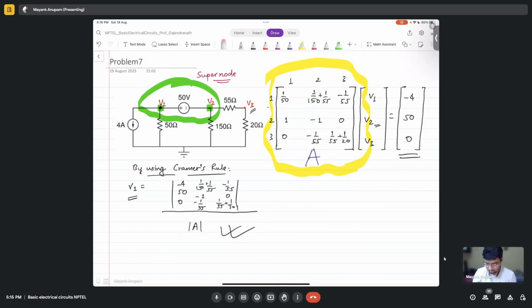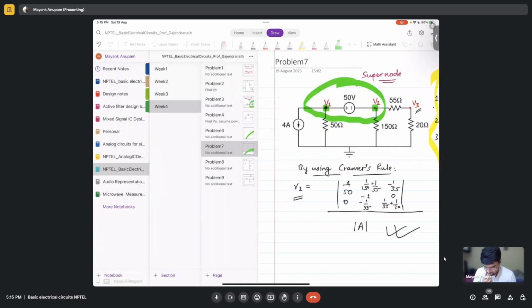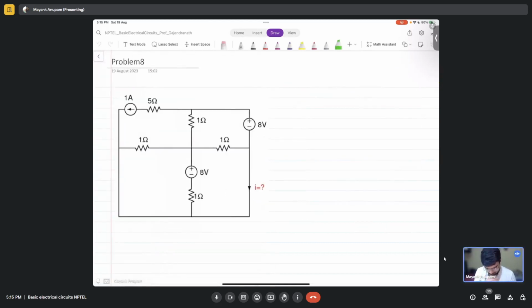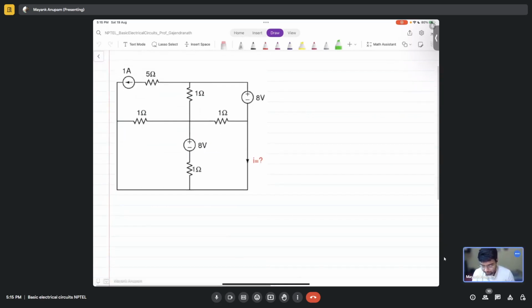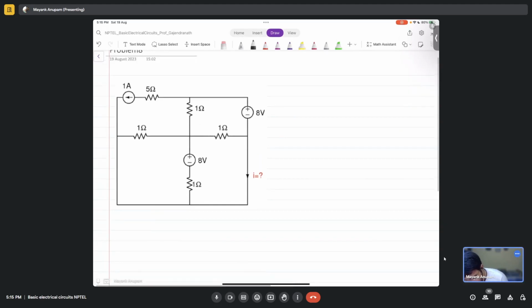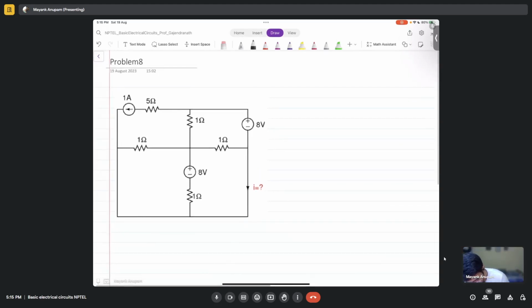Okay, let's move forward. This is interesting. Tell me how many nodes will I have in this? Which node should I consider as a reference node here?